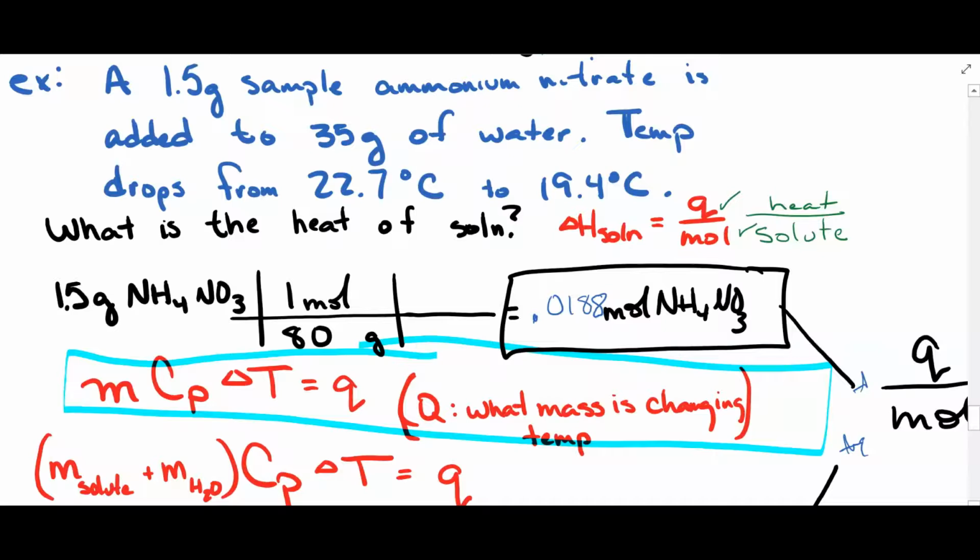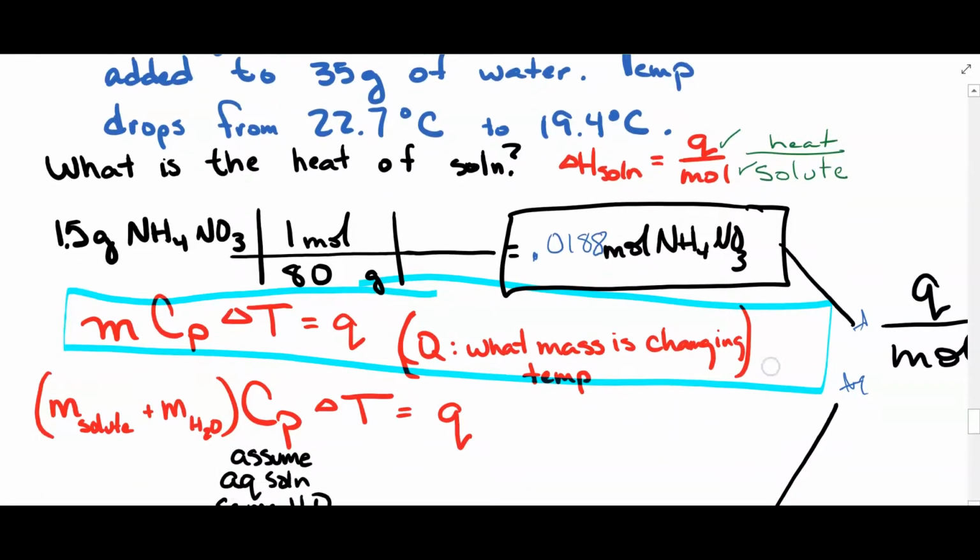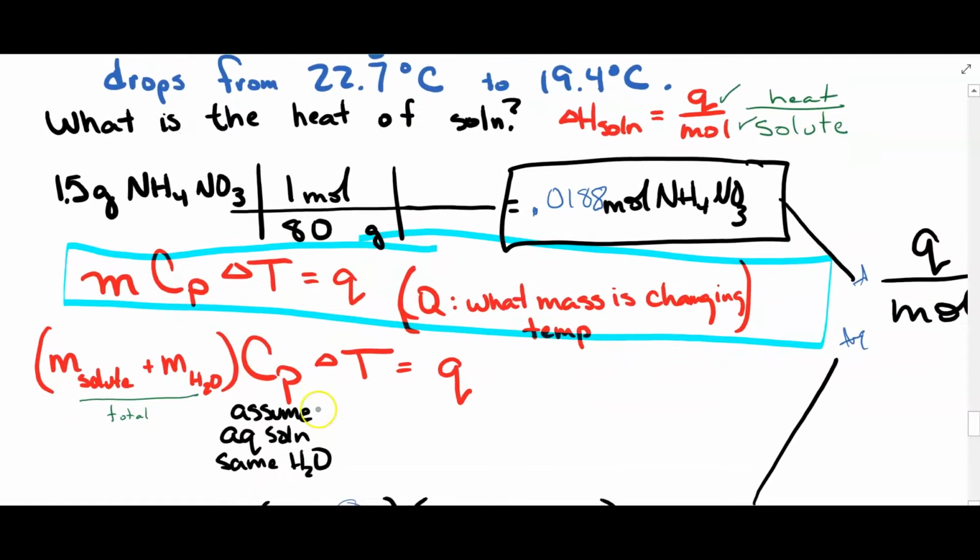We can't measure the internal change in temperature in the solute, ammonium nitrate in this case. So the mass that is changing temperature is the total mass of both solute and water. We'll measure the temperature change, and that will give us our energy.